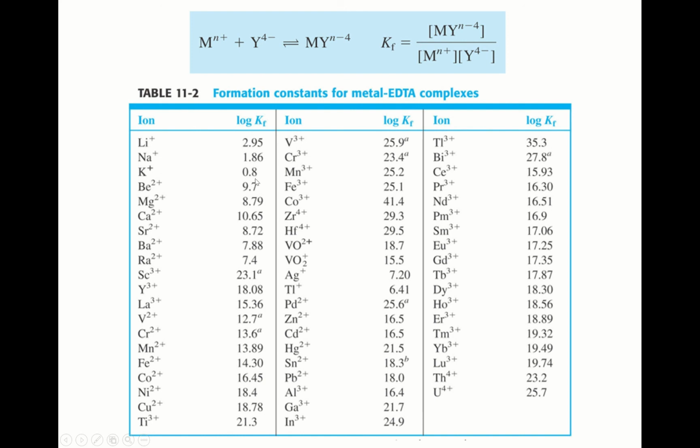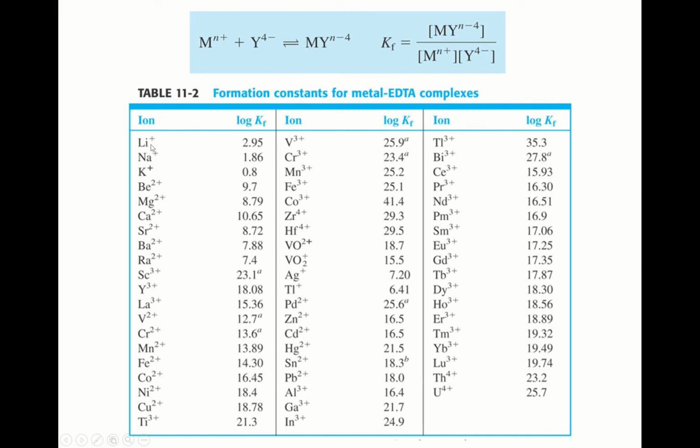That means that although EDTA can complex with metal ions, for these alkaline metals the formation constant is rather small, so EDTA is not readily applicable to the determination of alkaline metal concentrations.